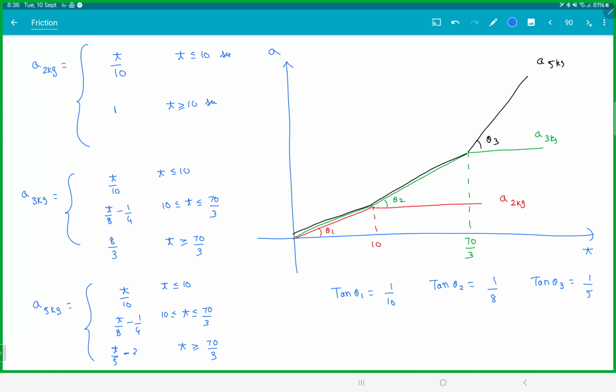If you use mu s, mu k, then you'll start getting discontinuities here. 3 blocks, if you can handle this much, you can handle most of it. Devansh, clear with this? Yes. You should definitely try these things again on your own. Clear?